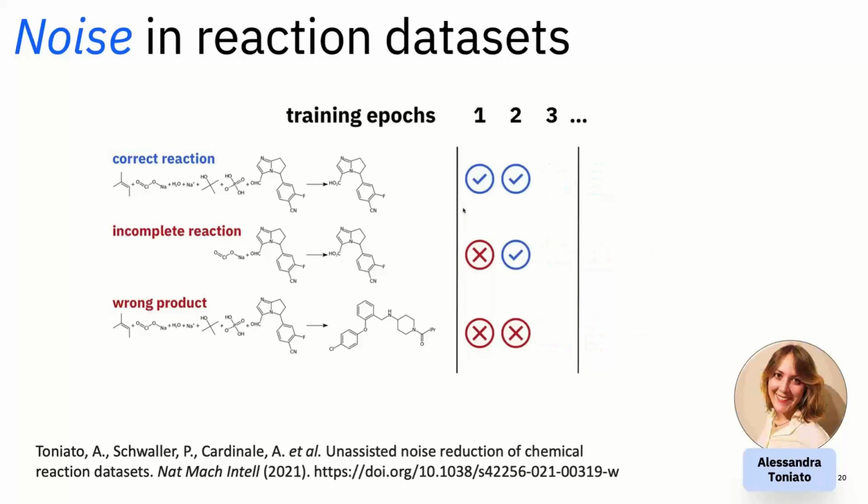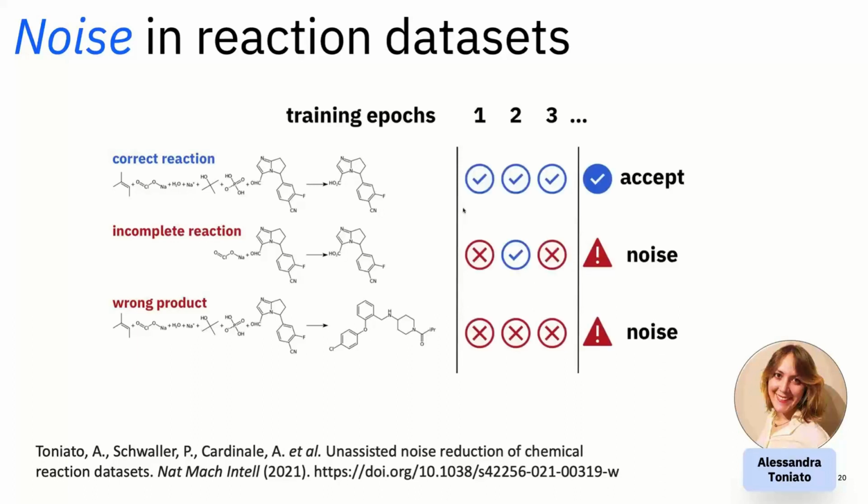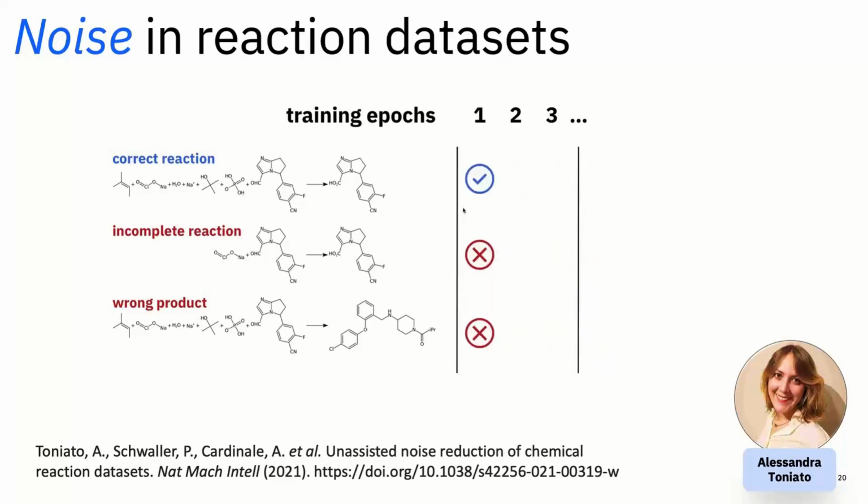During the training of a reaction prediction model, she would look at how many times the training reactions would be learned, forgotten, and learned again. Depending on the number of forgetting events, or if the reaction was never learned, she could then automatically filter huge data sets.